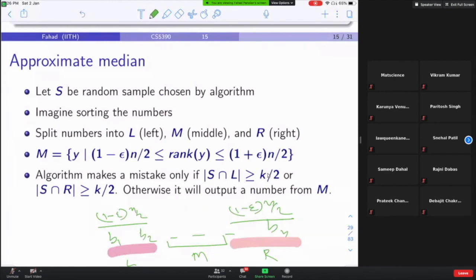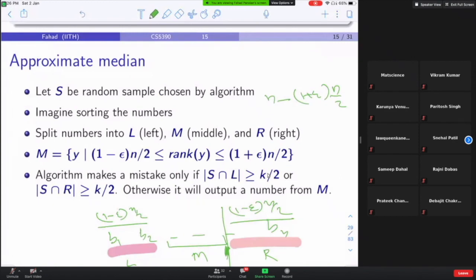Let me repeat. What is the rank of this element? The rank of this element is 1 plus epsilon times n by 2. So the number of elements here is n minus 1 plus epsilon n by 2. So it's not the rank, it's how many elements are there.